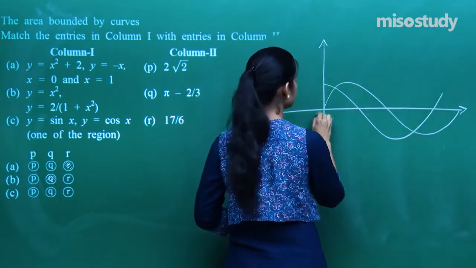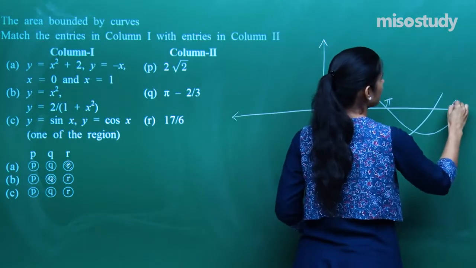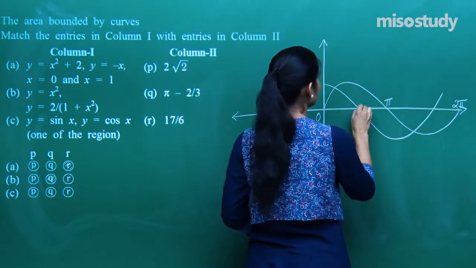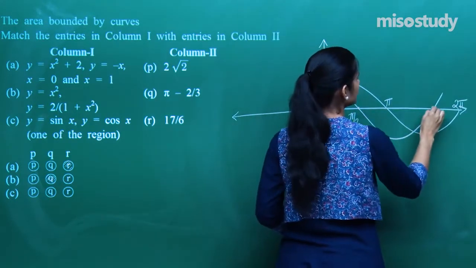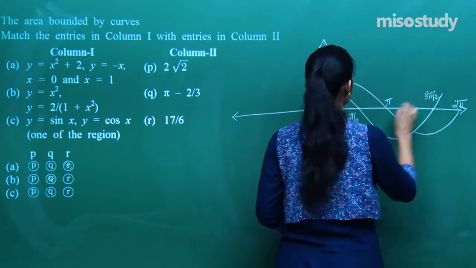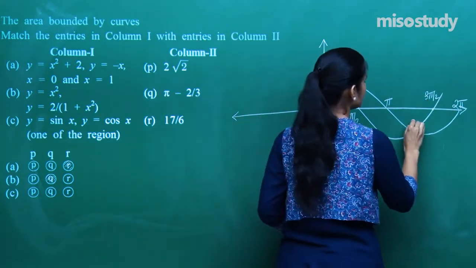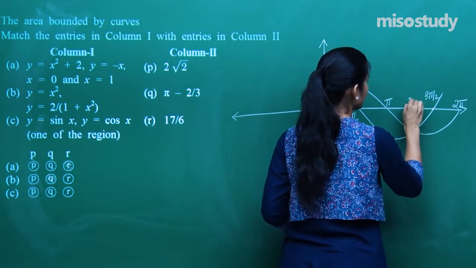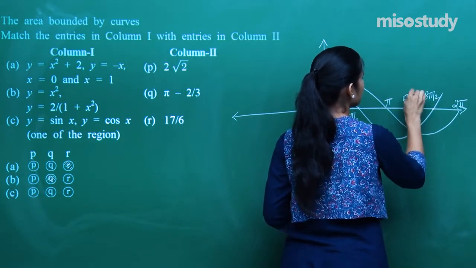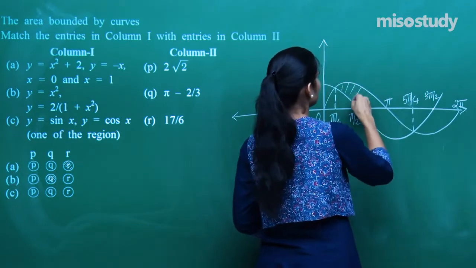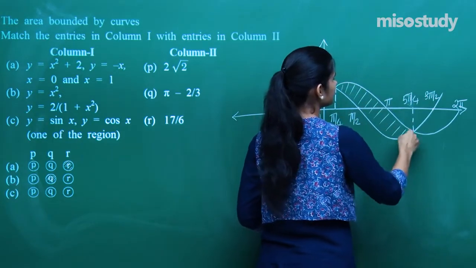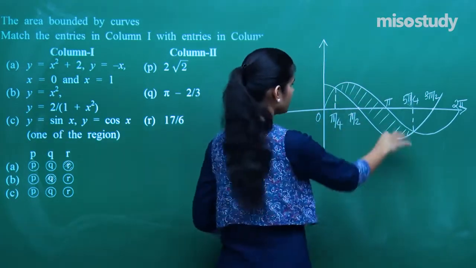Now here you know this is 0, this is pi, and this is 2 pi. You know this is pi by 2, this is 3 pi by 2. Where these two intersect is actually pi by 4 and 5 pi by 4. You need to talk about this area. Okay, just one of the regions.